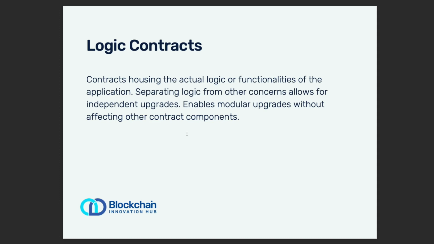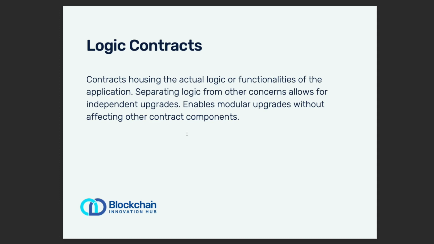And then we have logic contracts. These are the contracts housing the actual logic or functionality of the application. Separating logic from other concerns allows for independent upgrades and enables modular upgrades without affecting other contract components. Just like I've said previously, you are going to have different contracts doing different things. One is going to be your storage, one is going to be your proxy, and lastly, you're going to have your logic contract.